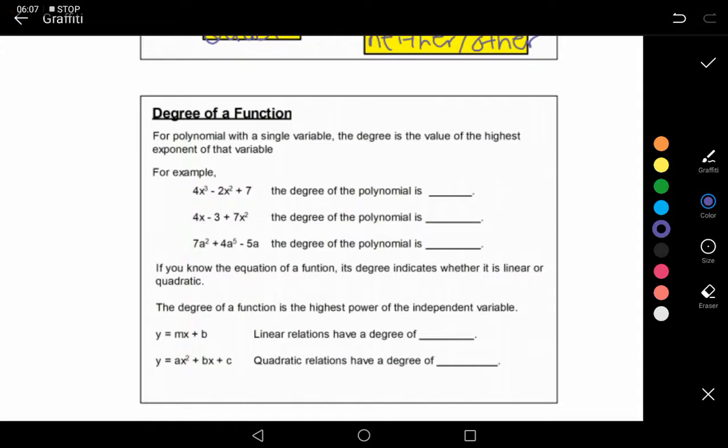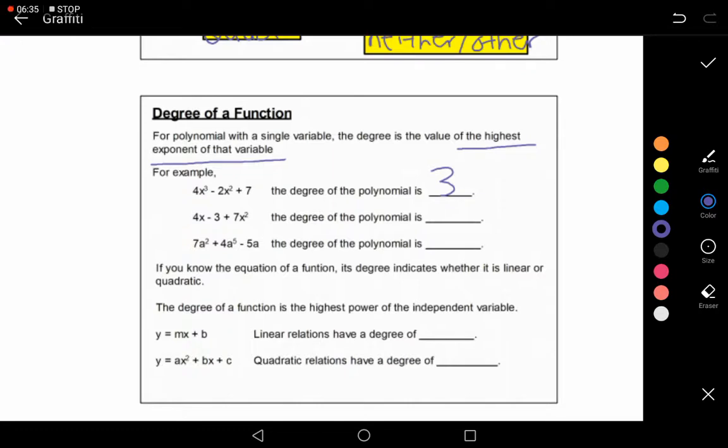So for example, if we have 4x to the power of 3 minus 2x squared plus 7, we have x to the power of 3, x to the power of 2, and just a constant number. The highest exponent is 3, so the degree of this polynomial is 3.